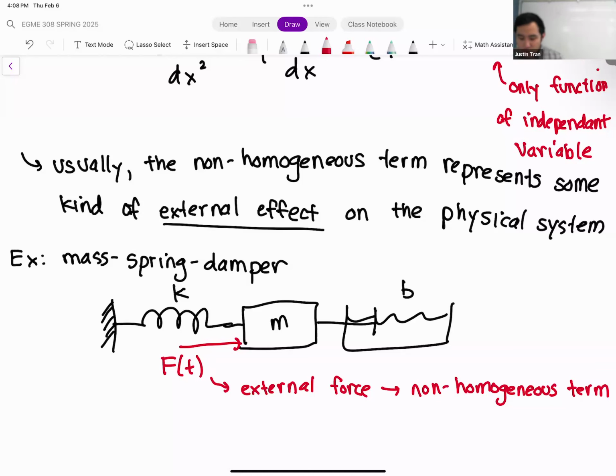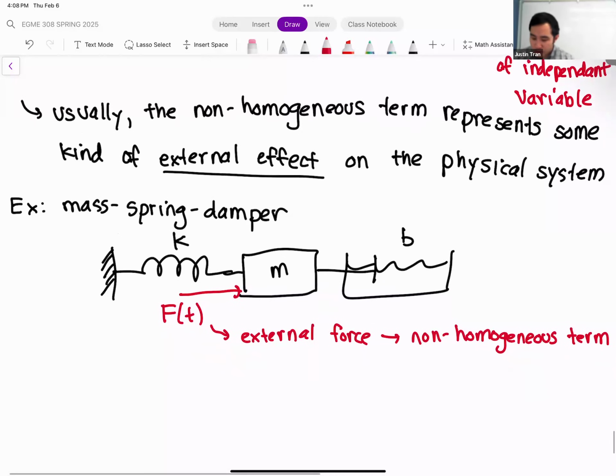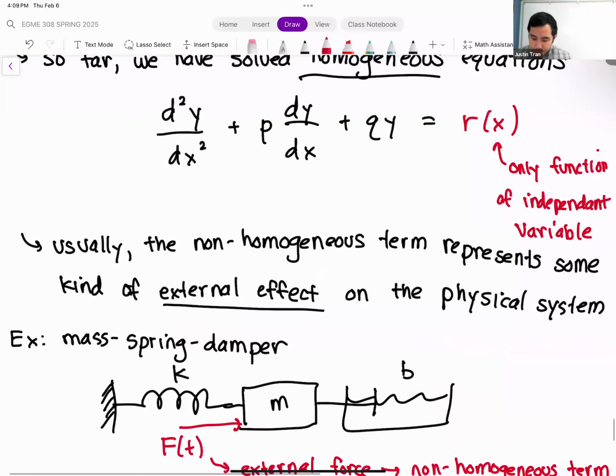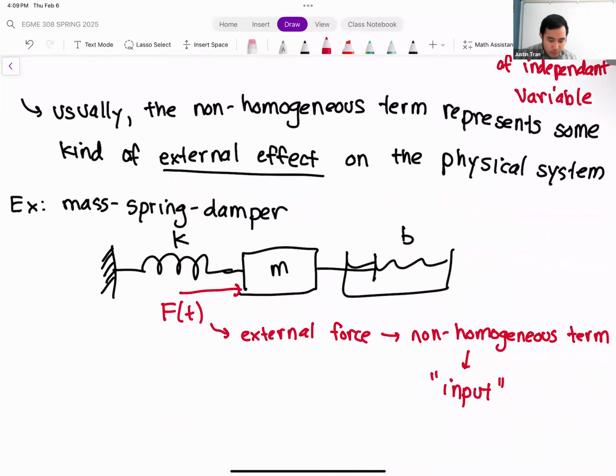In some literature, this non-homogeneous term is called the input to the system. Because if you have a physical system, usually it's not going to do anything exciting unless you provide some kind of input or some kind of force. So that's what the non-homogeneous term represents.